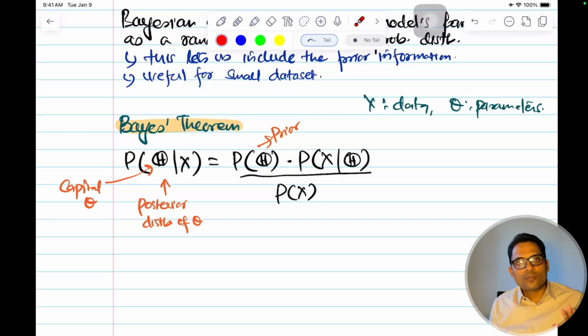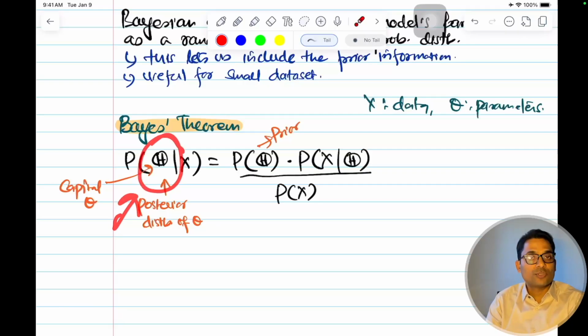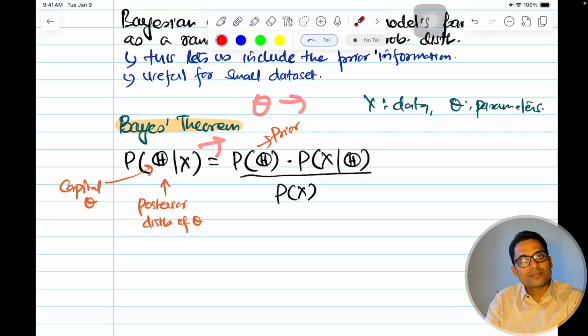If it is unbiased, then no problem. But if I know that my coin is biased towards heads, I will use that information, and the posterior parameters I get will show that theta is biased towards heads.